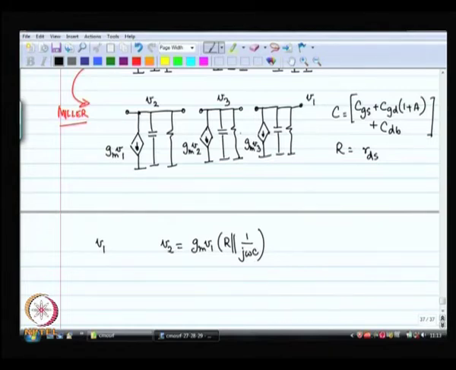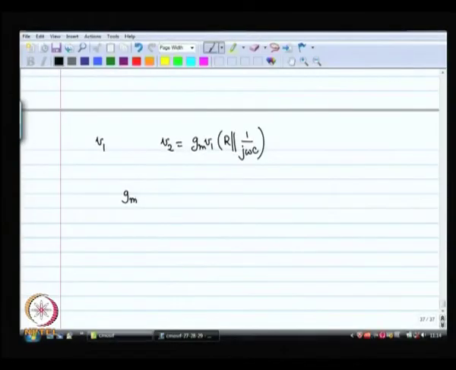If I have got V2, then V3 is the same factor times V2, and if I have got V3, then V1 is the same factor times V3. So, the loop gain of the system is GM cubed times R parallel 1 by j omega C whole cubed. This is the loop gain, negative. I am sorry, there was a minus sign that I missed out.